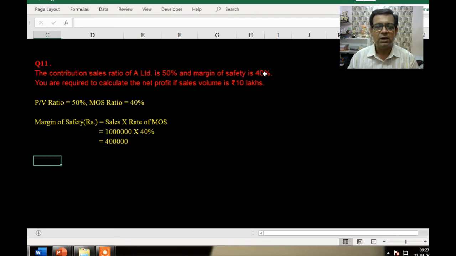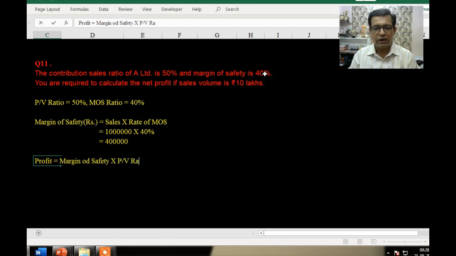Now we will use this to calculate our profit. What is the formula to calculate the profit? Yes, exactly. Profit is equal to margin of safety multiplied by our PV ratio.